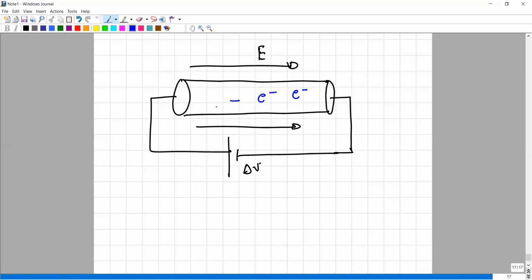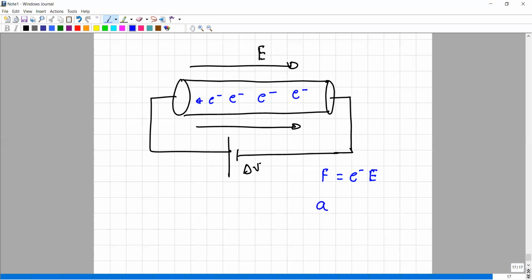They were moving randomly, and they are not going to leave their random motion, but they will start experiencing an extra force opposite to the direction of the field. Now this force, we know, is the force experienced by a charge in an electric field, equal to Q times E. You know this from the first chapter itself. So this Q will become the charge e of the electron, times the electric field.